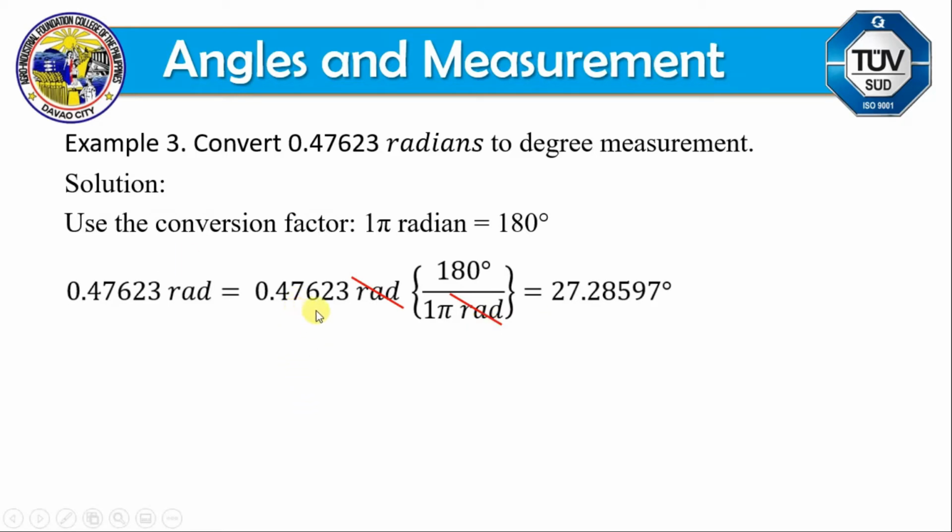Then, 0.47623, gamit yung calculator ninyo, multiply natin sa 180 divided by pi. So yung matitira na unit na lang natin will be in degrees. Again, meron tayong 5 decimal places since 5 decimal places din yung nasa ating given, for the degree of accuracy.